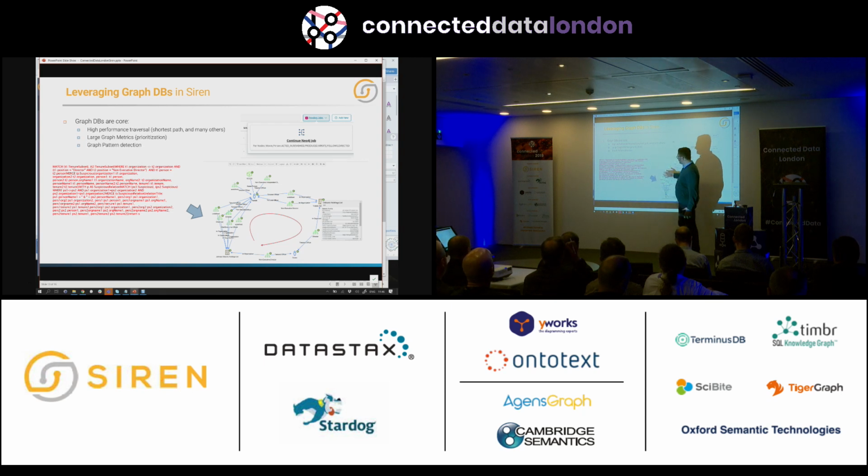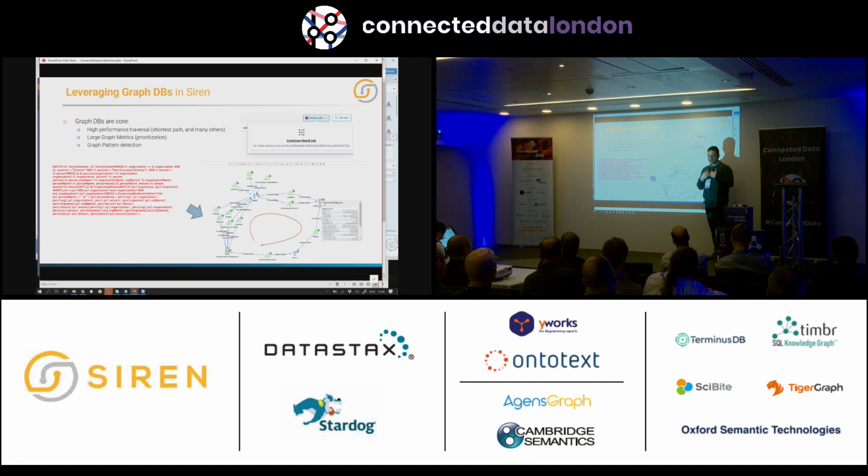This is a use case coming from a financial institution here in London, and they wanted to know, do we have two people that are both directors of two companies, but one person is executive director in company A and non-executive director in company B, and the other person is the opposite, executive director of company B and non-executive of company A? I'm not an expert, but according to these people, that was a fishy situation, a situation that you want to investigate. Perfect for graph databases.